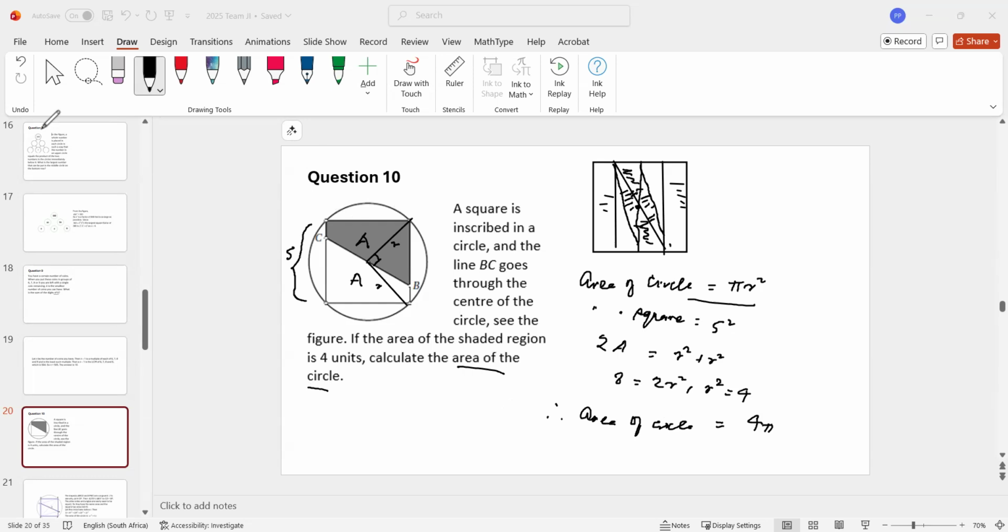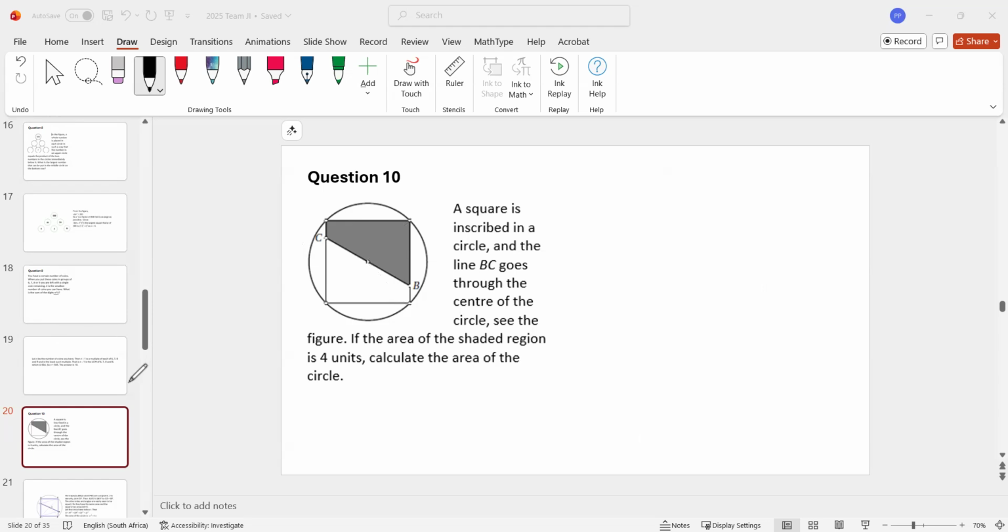There you use the properties of a square. If you take the center of a square and draw any line through it, it divides the square into two equal parts. And more than that, if you join it to any two adjacent vertices, then you get a right-angled isosceles triangle.